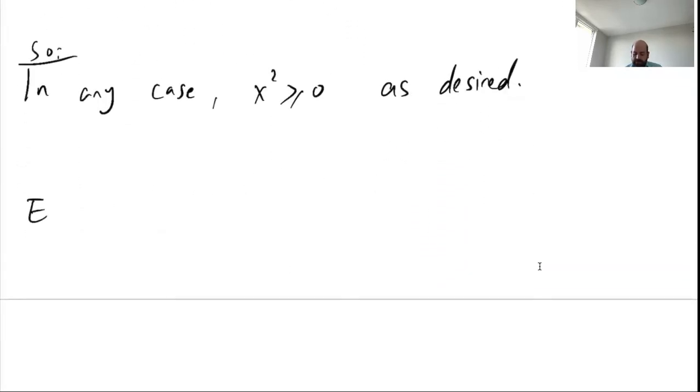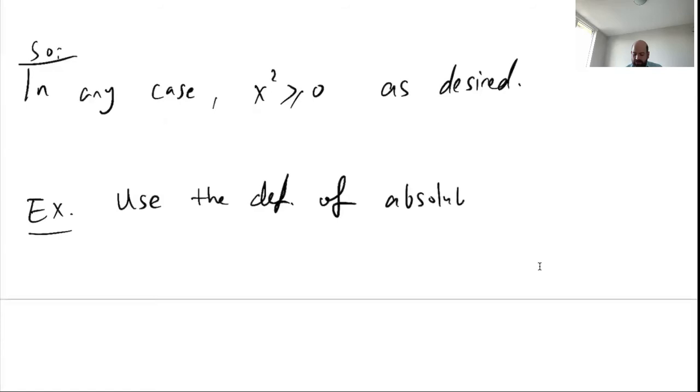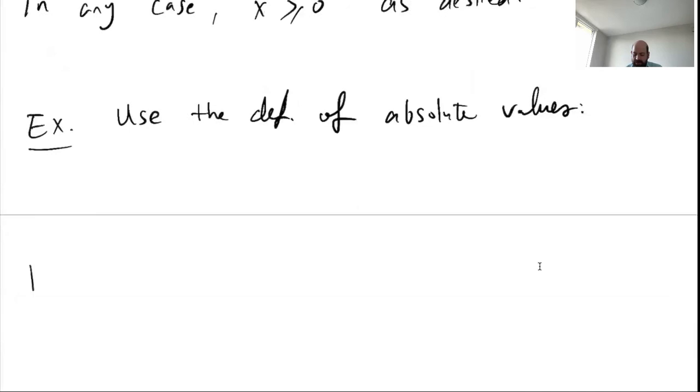So let's look at another example. So use the definition of absolute values. Do you remember the definition of absolute values from pre-calculus? Absolute value x is equal to x itself if x is bigger than or equal to 0, and minus x if x is less than 0.